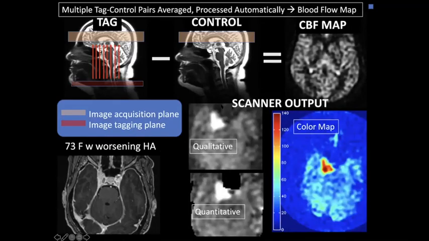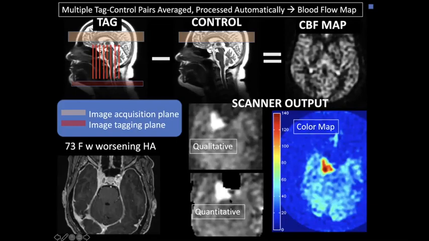When we look at our qualitative ASL image that is just part of the routine scanner output, we see that this lesion is extremely bright, which really draws our eye to the pathology. In addition to a qualitative analysis, we can get quantitative information by dividing this image by the proton density.